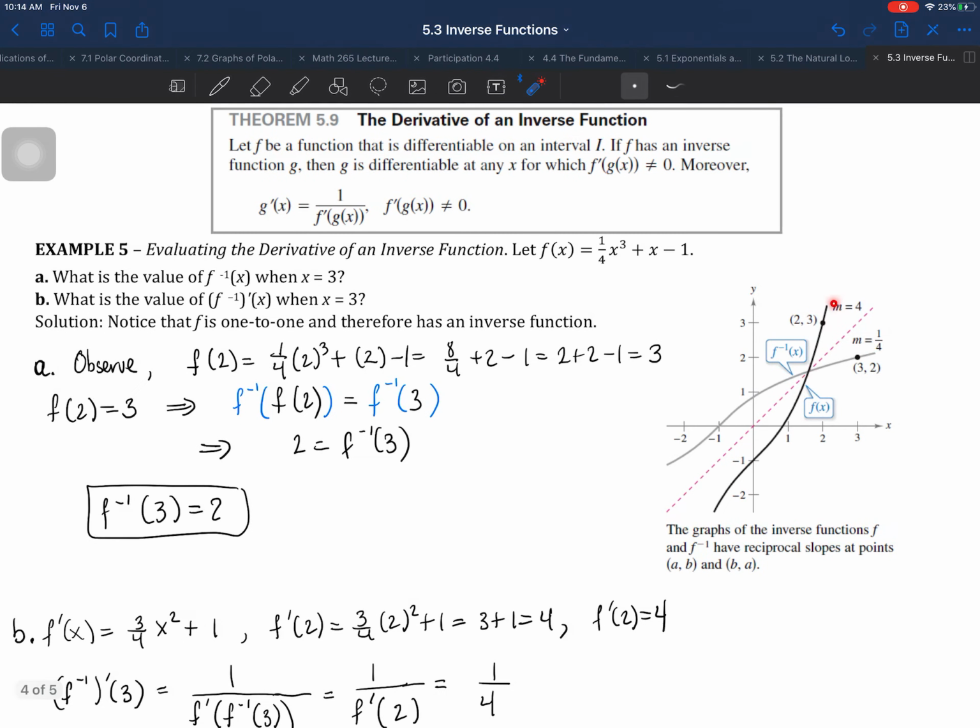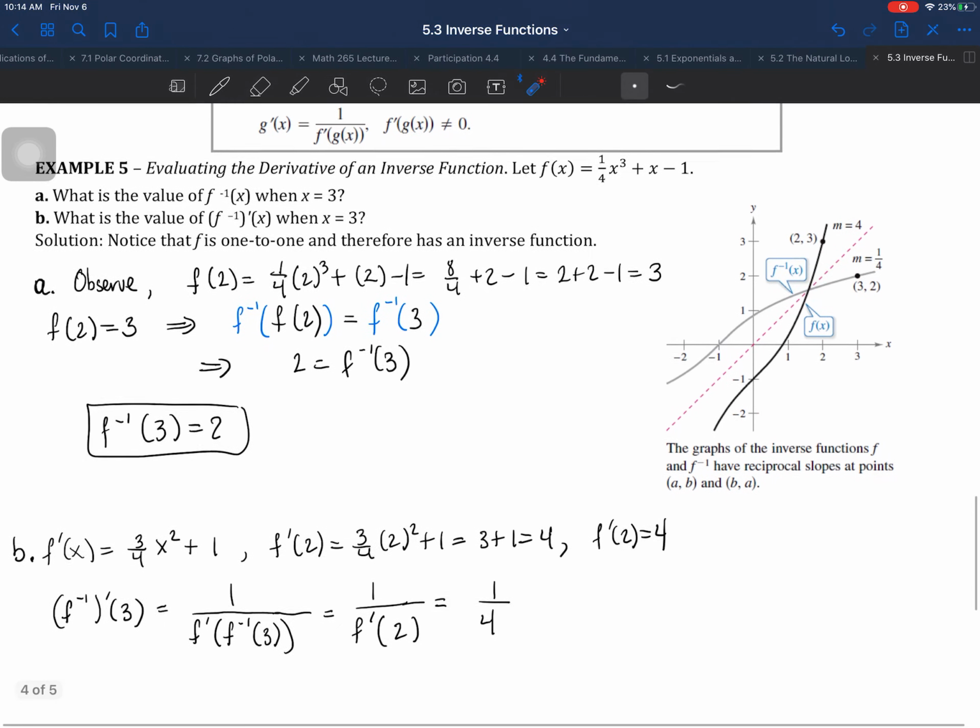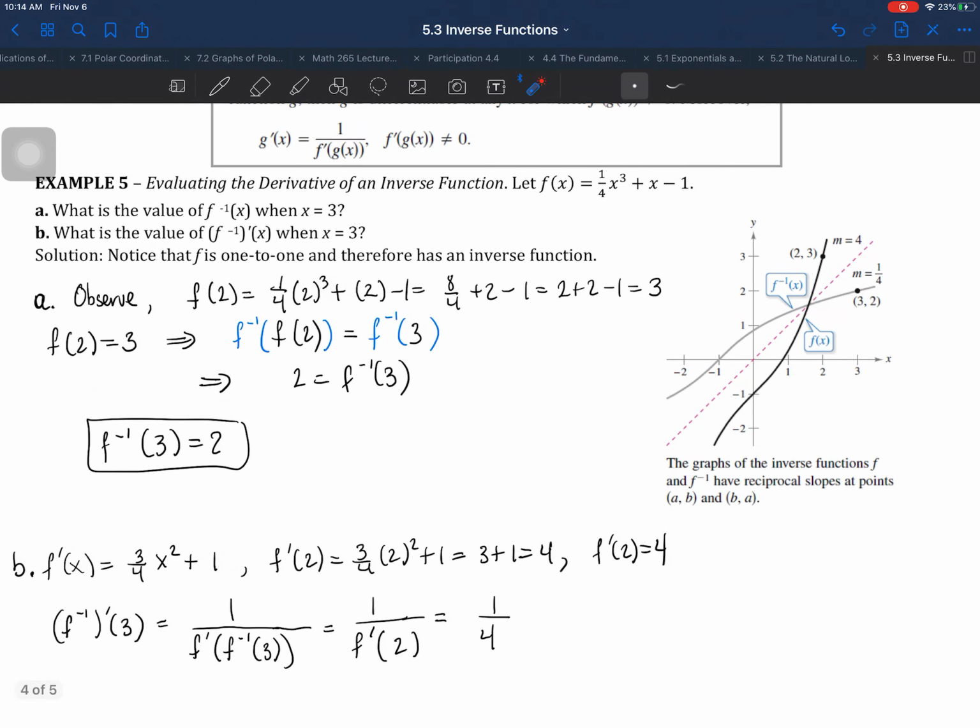You can also see this if we have a picture of it. The next question is, what is the value of f inverse prime of x when x equals 3? We're going to use this formula. According to the formula, the derivative of f inverse at 3 is going to equal 1 over f prime of f inverse of 3.